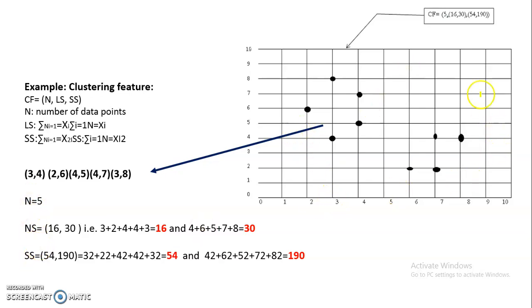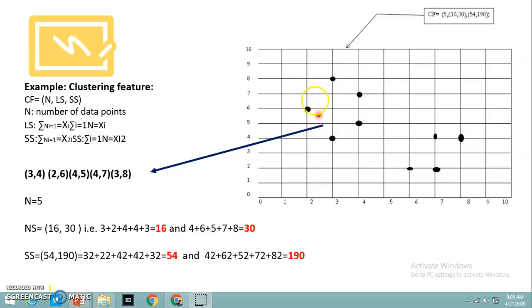How can we calculate these parameters? Let's suppose we have two nodes in a CF tree, two clusters in a CF tree. For one node, we have 5 data points: (3,4), (2,6), (4,5), (4,7), (3,8). How can we calculate the clustering feature, this triplet, for this node?